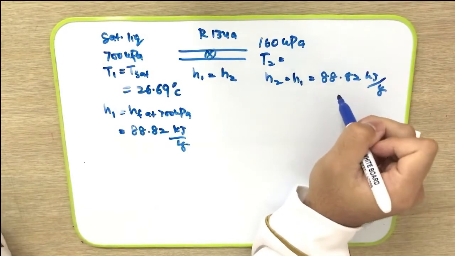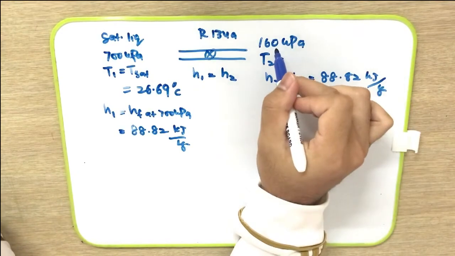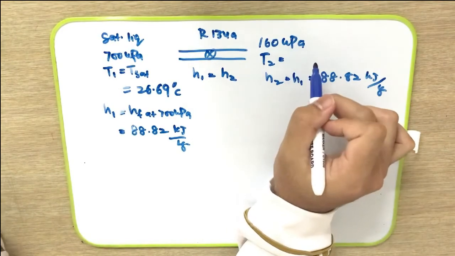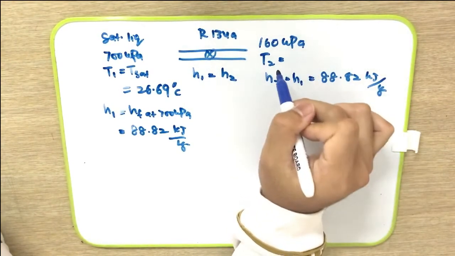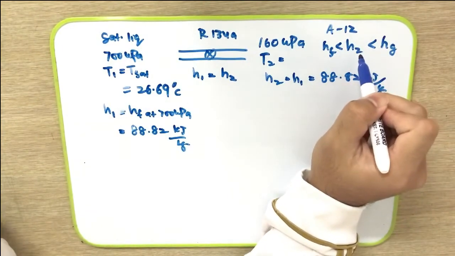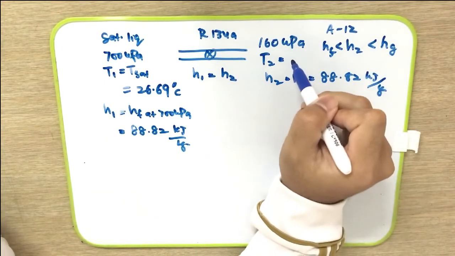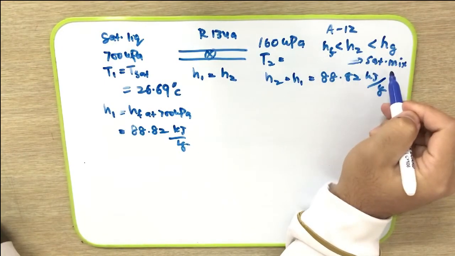By using H equal to 88.82 kilojoule per kg and 160 kilopascal pressure, we need to determine first the phase for this state. After we check from table A12, the H2 is located between Hf and Hg.